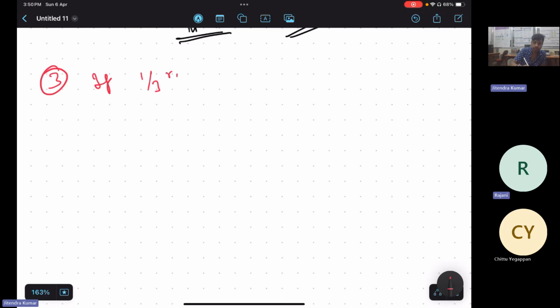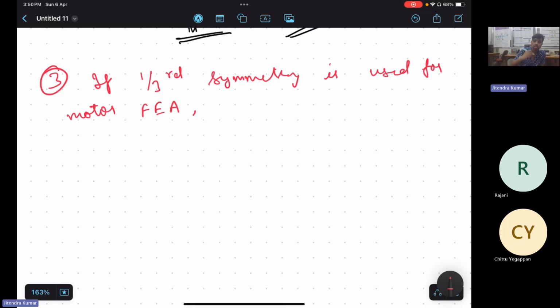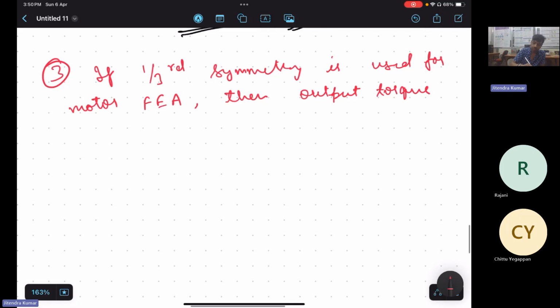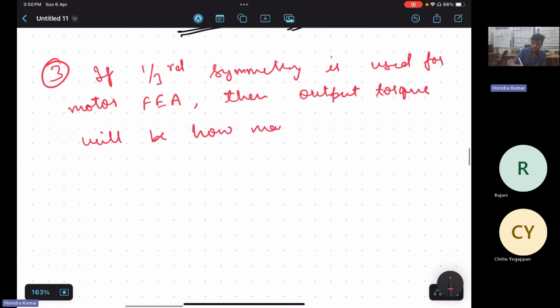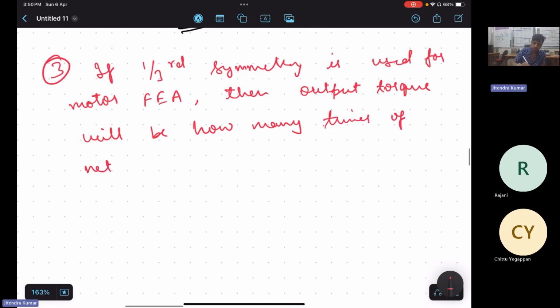So this question asks that if 1/3 symmetry is used for motor FEA, then this model simulation will provide some output torque that will be how many times of net torque output.